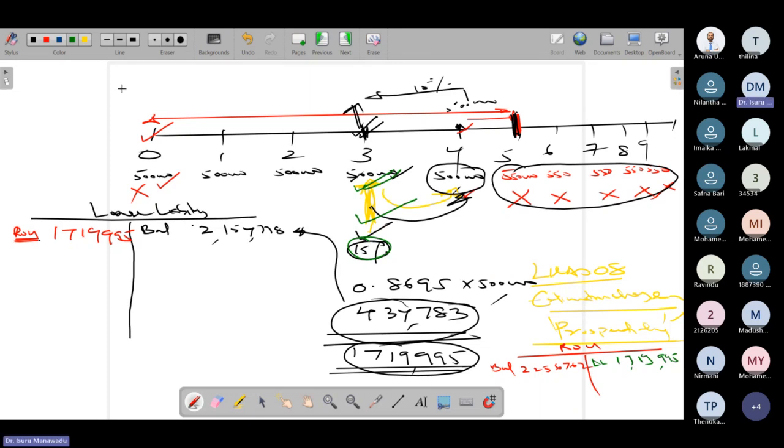What is the liability on this particular date? 434,783, right? So what is the interest from third year to fourth year? What is the interest?